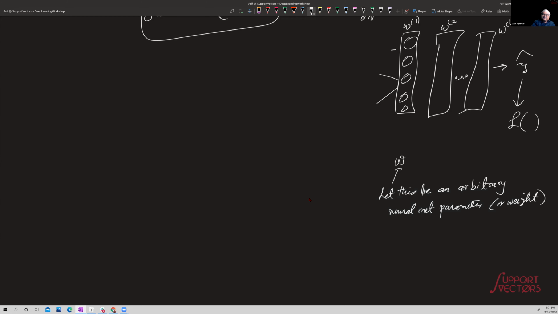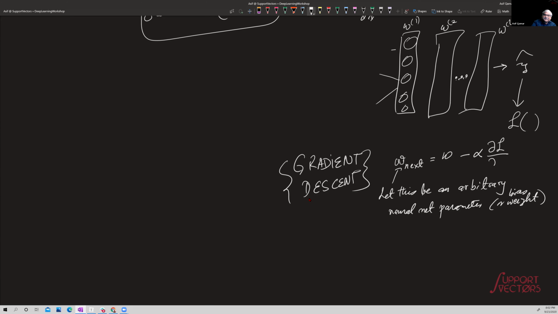Parameter, bias or weight, anything, I'll just use the notation W. So you remember that gradient descent said, what did it say? That W next, the update we make when we want to make the machine learn and make fewer mistakes, is this: the current value of W minus the learning rate times the partial derivative of the loss function with respect to W.